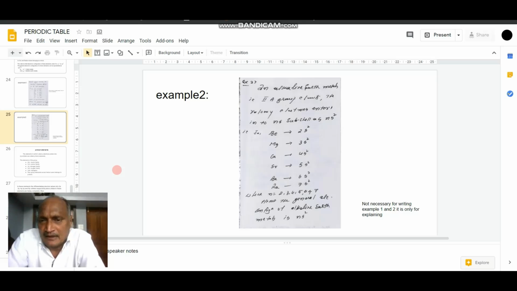That is, for alkali metals ns1 and for alkaline earth metals it is ns2. Hence, the elements belonging to first A group and second A group are called s block elements depending upon the subshell into which the valency electron enters.